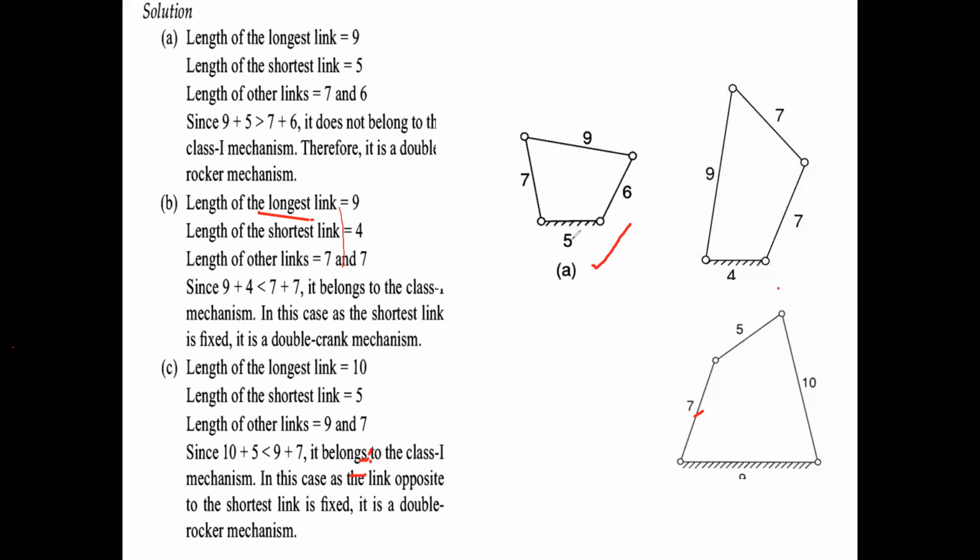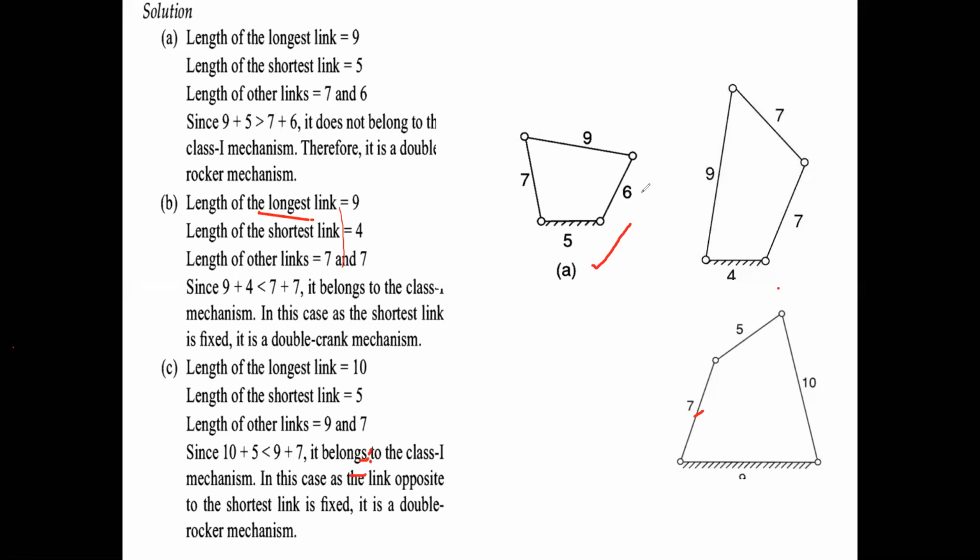In this, the longest link is 9 and the shortest link is 5. Now you have to write the sum of the shortest and longest link lengths.